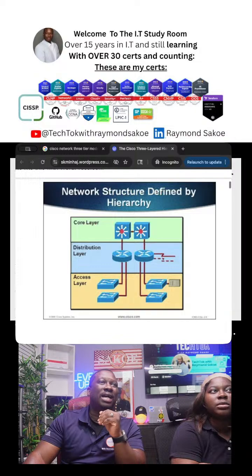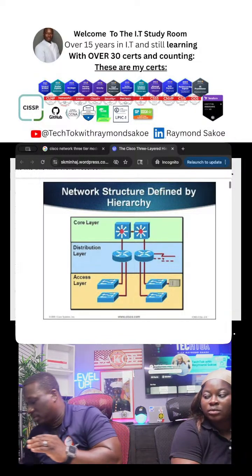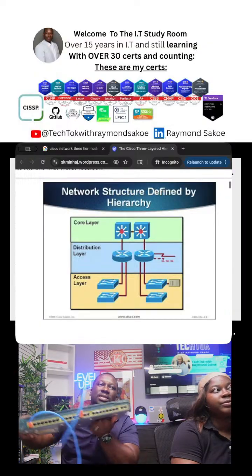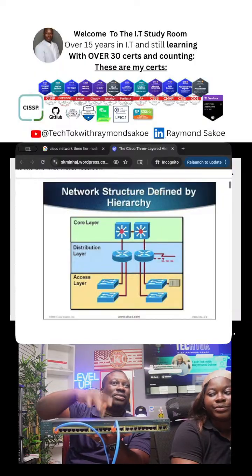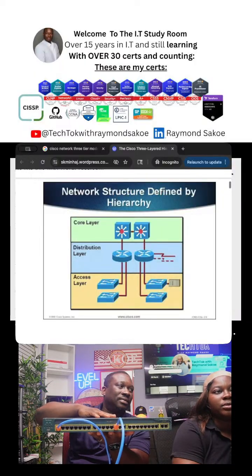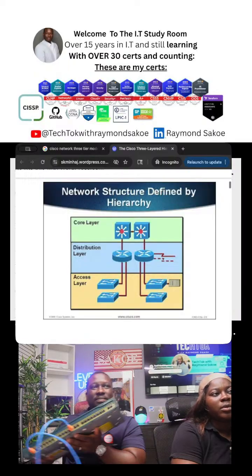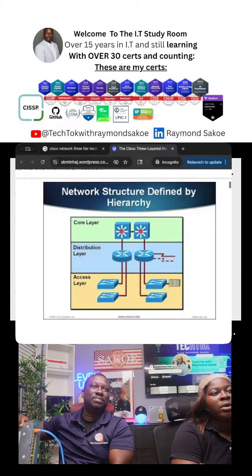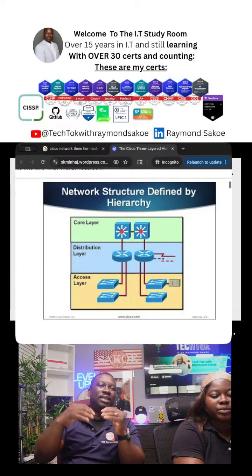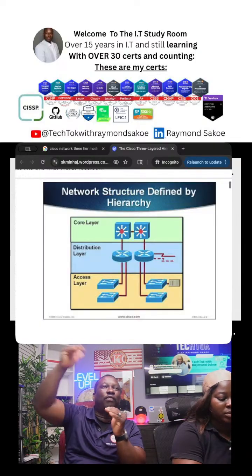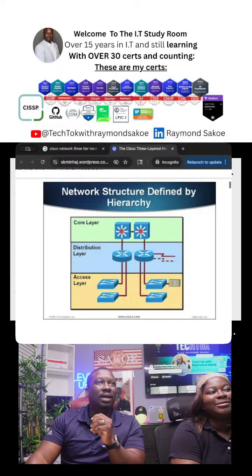And then now you have the access layer. So access layer will be where the end users will be connecting their devices, right? So this is where the end user connects their devices. And then distribution layer is basically the layer that distributes the network to different floors, or different buildings, right? So I hope that makes sense.